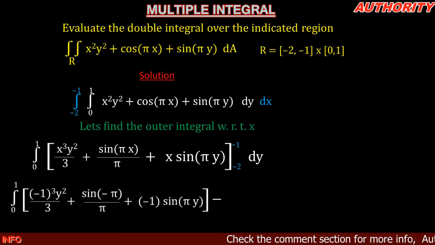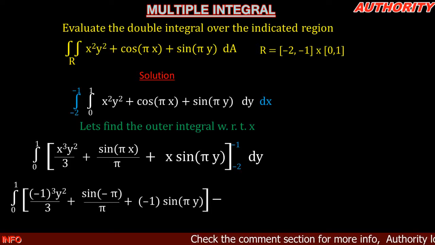So we're going to have the integral over the region 0 to 1. In place of x cubed, we replace it with (-1) cubed y squared all over 3 plus sine, and in place of x we replace it with -1 times pi, all over pi. When you say -1 times pi, it's going to give you -pi.